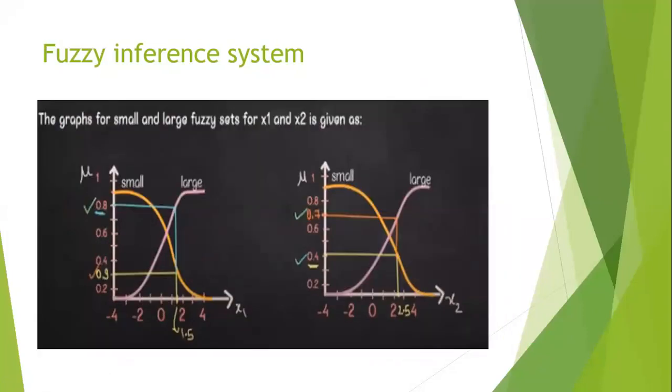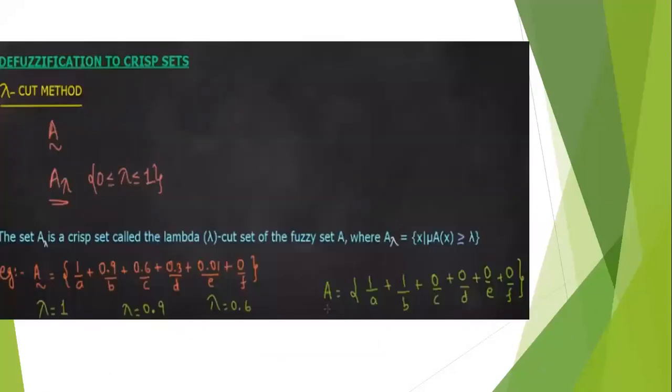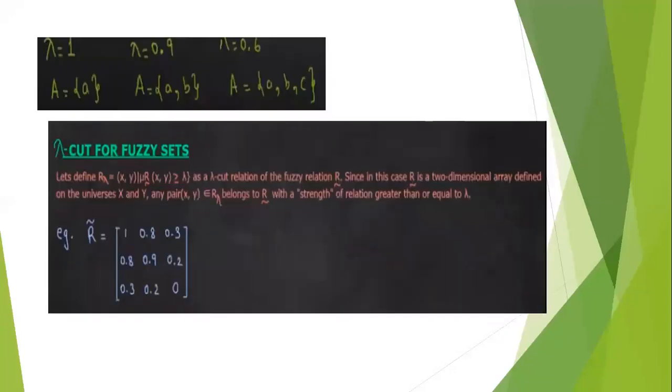I have shown you 2 solved examples. And next, defuzzification to crisp sets and the lambda cut method for both crisp sets and fuzzy sets. If you have any queries, please ask me. I'll try to clarify.